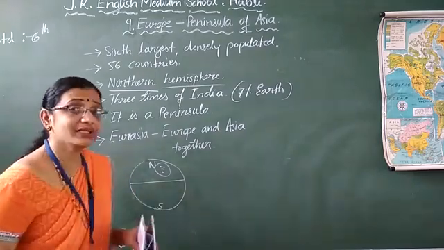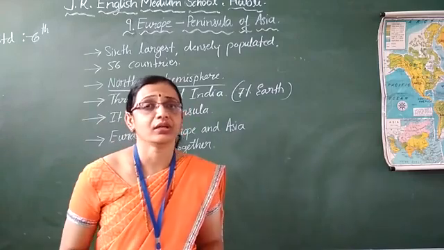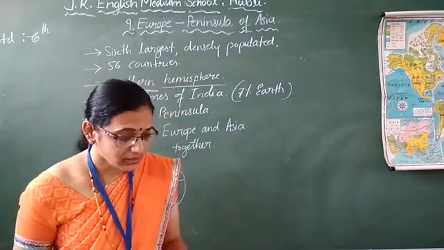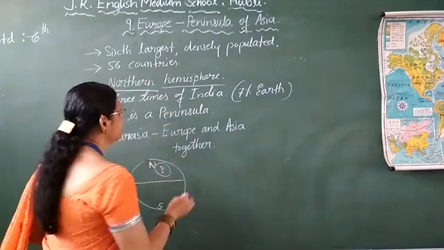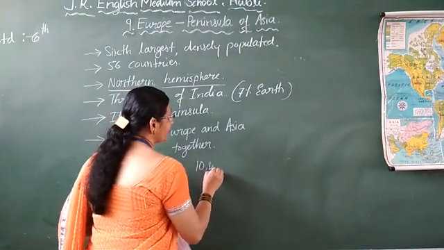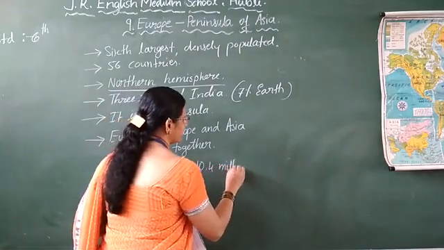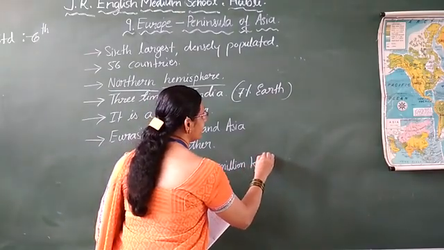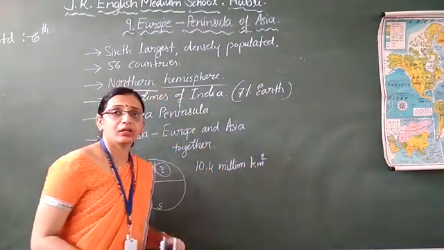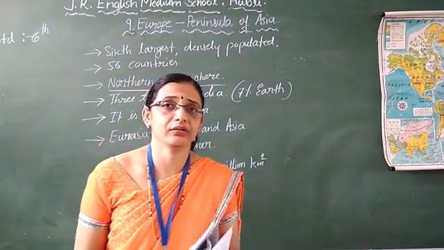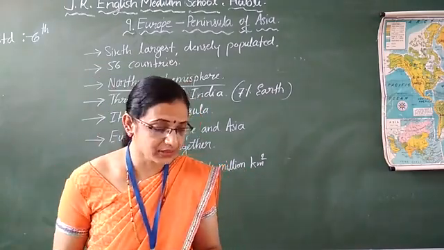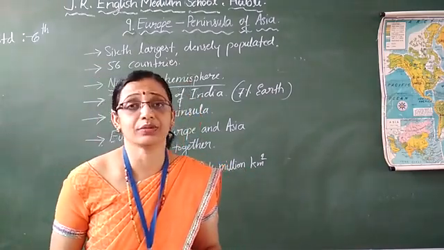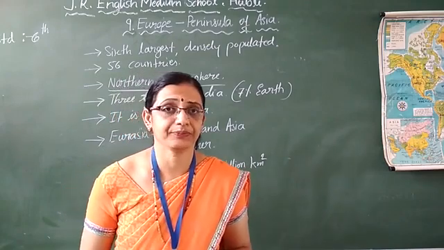Then what is the size extent of the Europe continent? The size is 10.4 million square kilometers. In simple words, it is 3 times India's size.